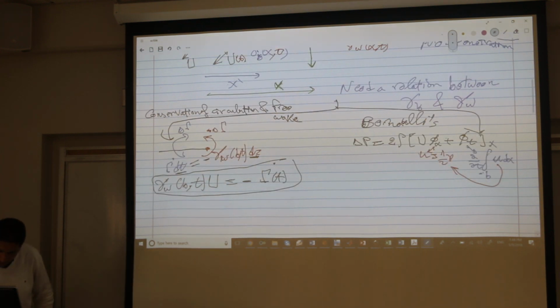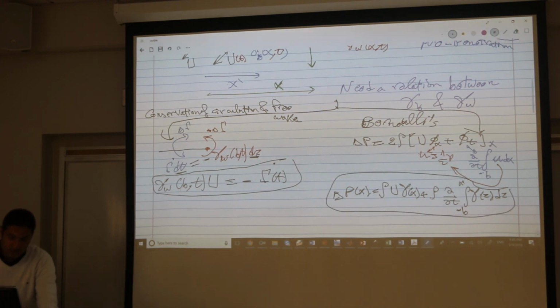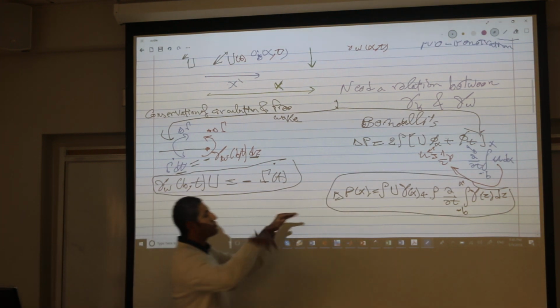So you get immediately that delta p at any x is rho u gamma at this x, the distribution, plus rho partial t integral negative b to that x of gamma of whatever z dz. So this is another form of the unsteady Bernoulli equation that relates pressure not to velocity.